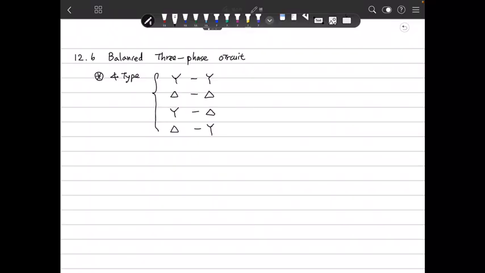But if the source and load are all balanced, then Y and Y is the easiest to solve.